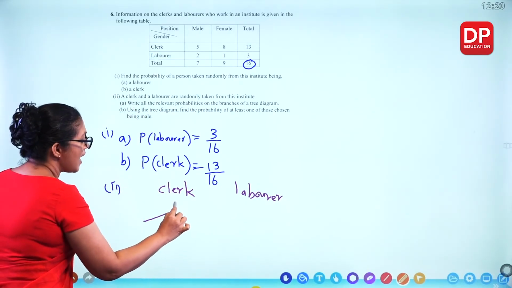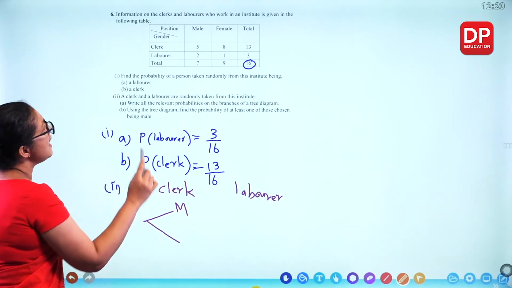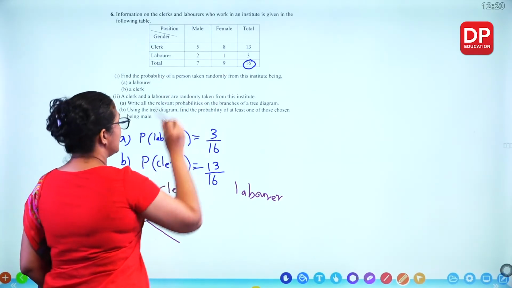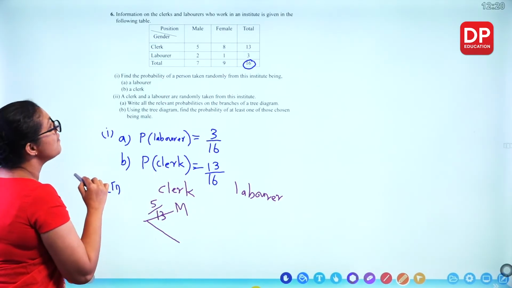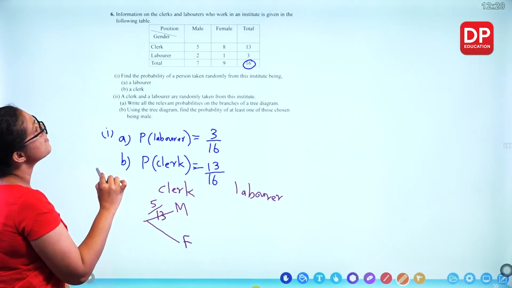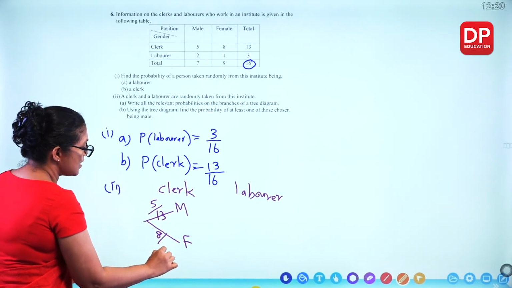If this is clerk and male, what's the probability? Clerk and male, 5 out of, how many clerks are there? 30. If we take females, how many females are there? Clerk females, 8 over 30.